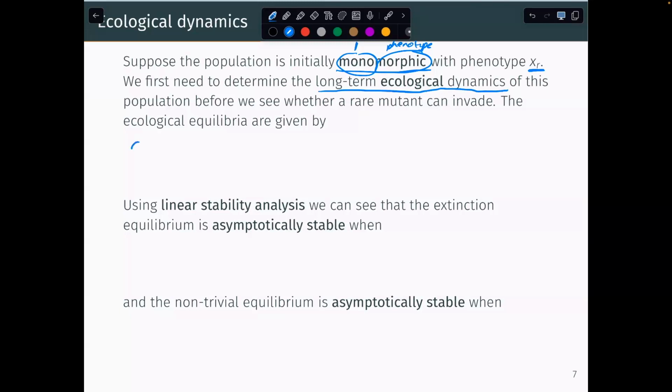So in the long term, we want to see what are the equilibria. So what happens when dNR/dt is equal to 0, and there's only one phenotype in the population? Well, if you remember, if there's just one phenotype in the population, then we end up with our classic logistic growth model: R times NR times 1 minus NR over KR is going to equal 0.